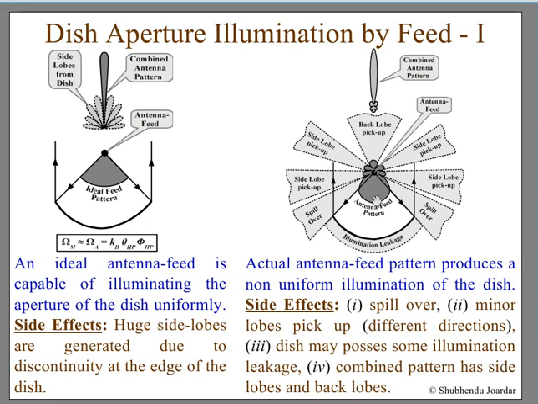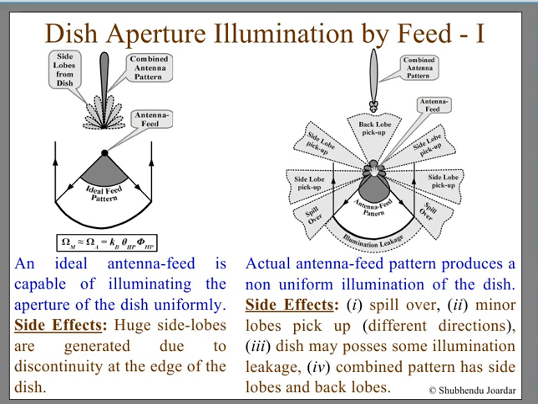But as you go away from this, it reduces. So the areas around will be less illuminated than the center. Then, due to the side lobes, some radiation will go outside.